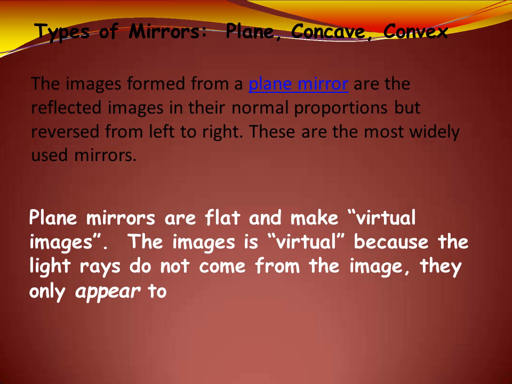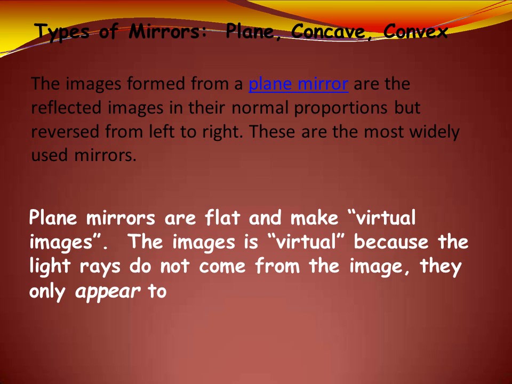Virtual means if you are standing in front of a mirror, your left and right will be opposite, but the image will appear the same, not inverted. Inverted means ulta.